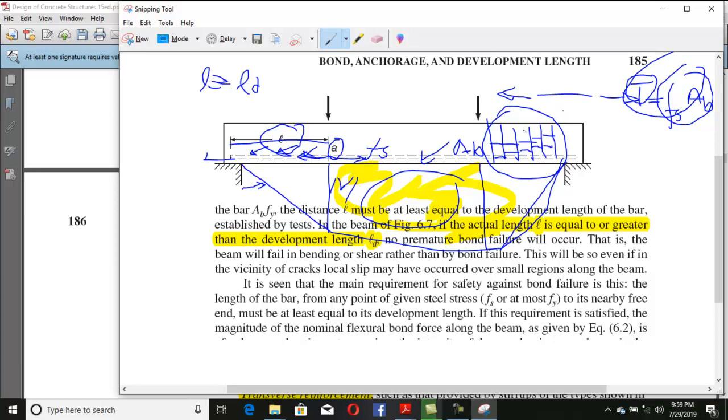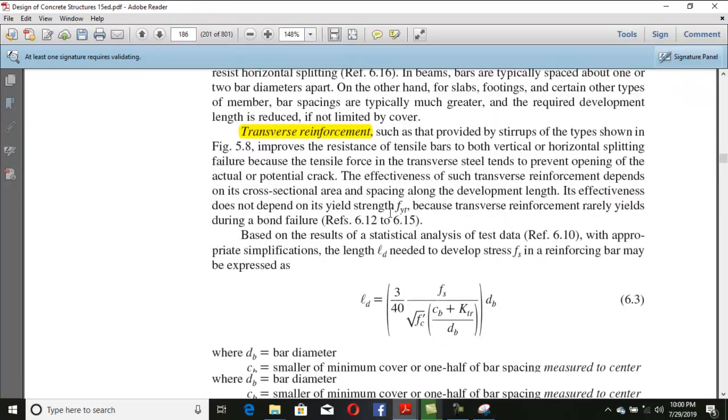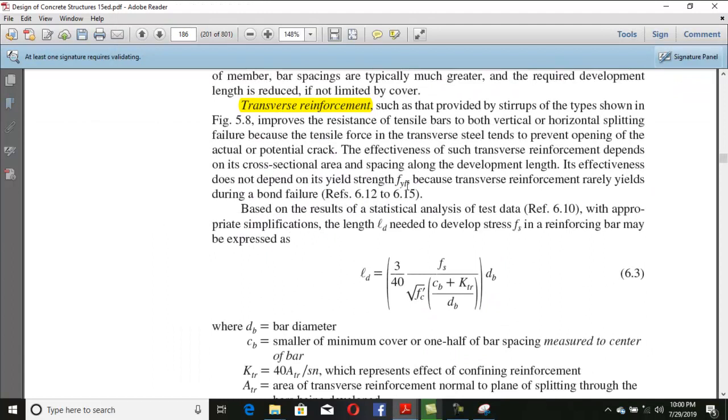So it has a direct relation with the confinement, because when there is confinement, this means there will be more bond stresses. The steel is confined, and that doesn't allow the steel to slip. So they produce a kind of confinement action, and due to that confinement action, your bar will not slip.